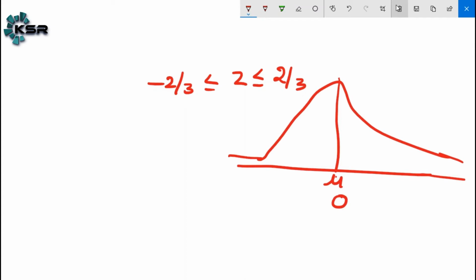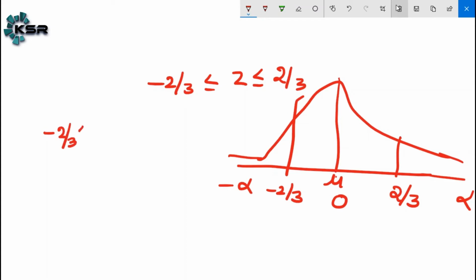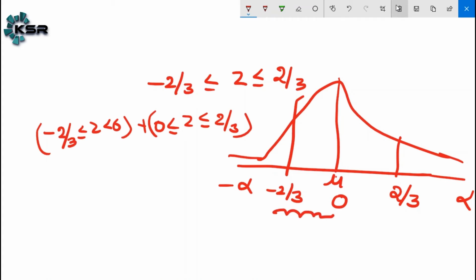This will be 0, because 0 is the median point. The left side is the minus values, the right side goes to plus infinity. This will be minus 2 by 3, this will be plus 2 by 3. So can I write it like this: minus 2 by 3 less than or equal to z less than 0, plus 0 less than z less than or equal to 2 by 3. So what I did: first from this point to this point, plus this point to this point, that is nothing but the total.